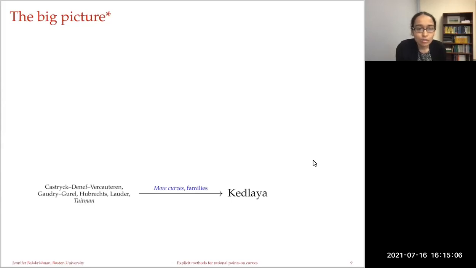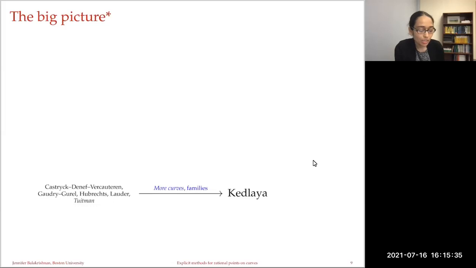So Castryck, Denef, and Vercauteren did this for nondegenerate curves, Gaudry and Gürel for superelliptic curves, Hubrechts and Lauder for families of curves. And then most recently, Jan Tuitman gave a practical algorithm for doing this on smooth curves and gave a lot of really nice examples showing that this really is something that you can implement on a computer and get some very nice results.